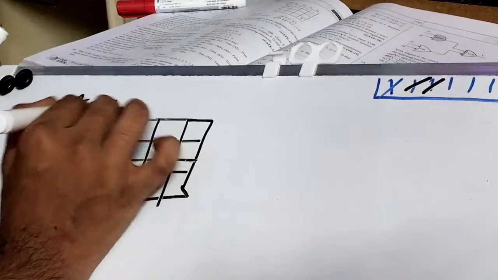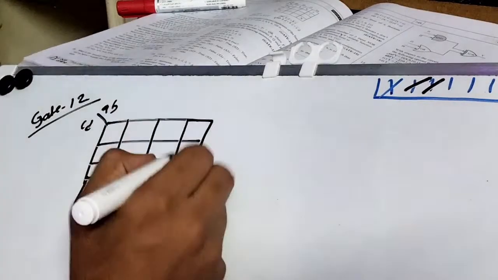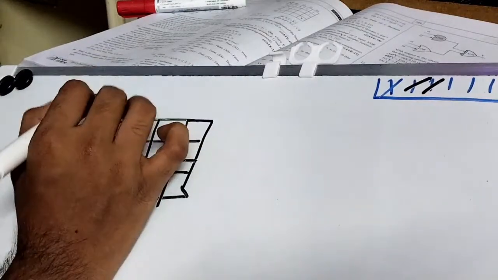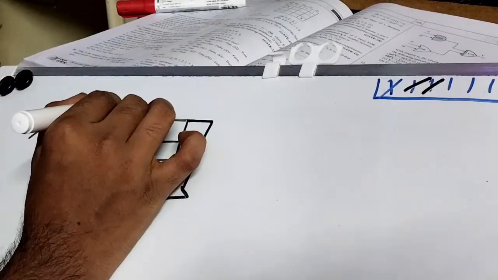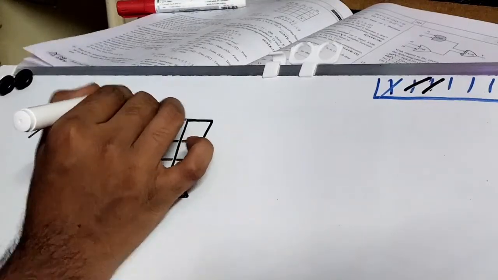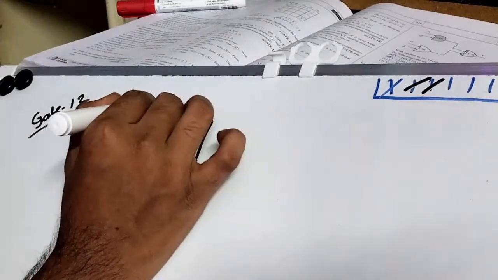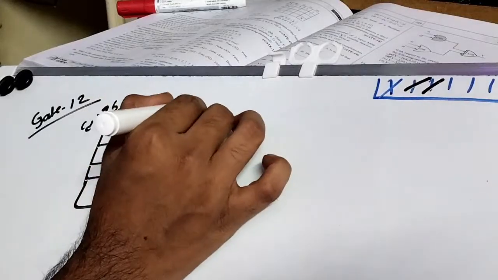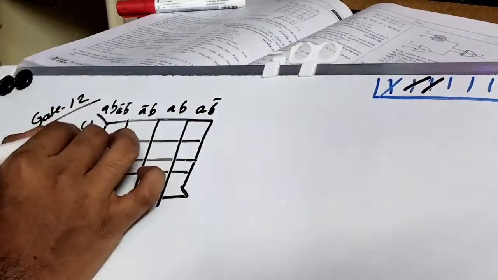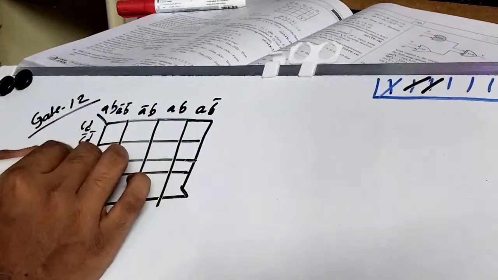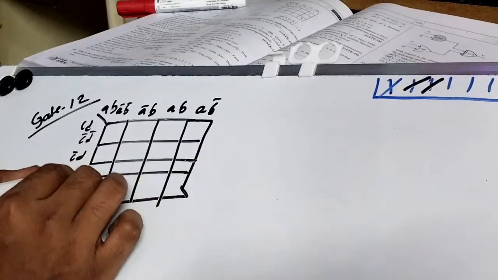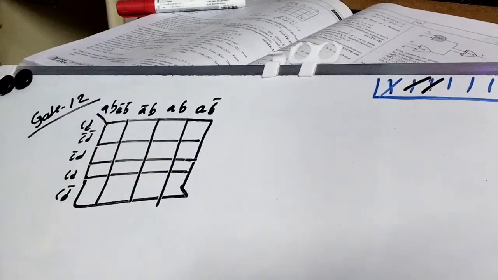Consider A, B, C, D. Zero zero means A bar, B bar; A bar, B; A, B; A, B bar. The same for C, D: C bar D bar, C bar D, C D, and C D bar.